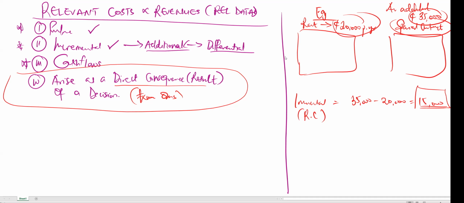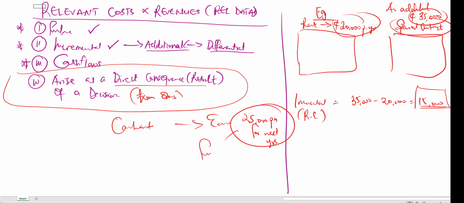So look, I am going to do a contract. I will earn 25,000 cedis per annum for the next 5 years. Is this not relevant? One, is it not in the future? It is. Is it cash flow? It is.